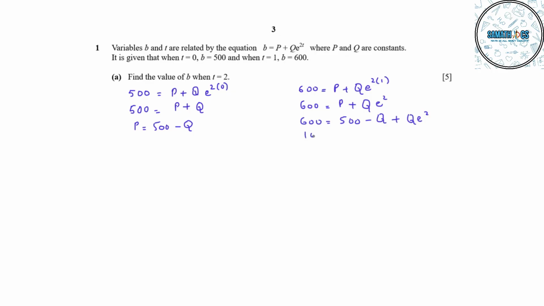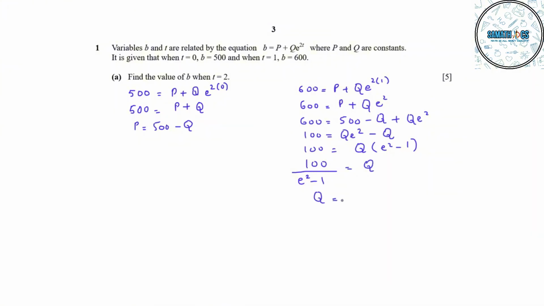So this will become 100 is equal to, we can rearrange, we can write q e square minus q. And then in the next step, we can take q as common, e square minus 1. So we will have 100 divided by e square minus 1, which is equal to q.